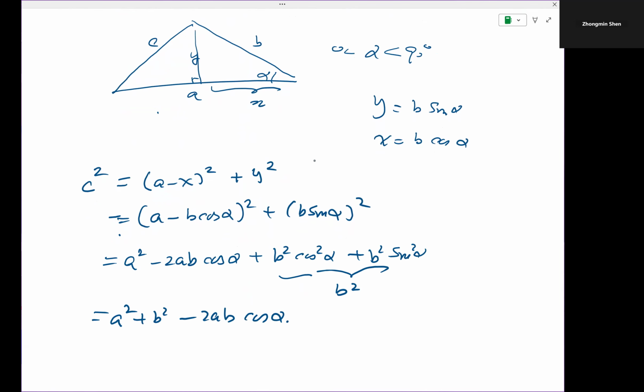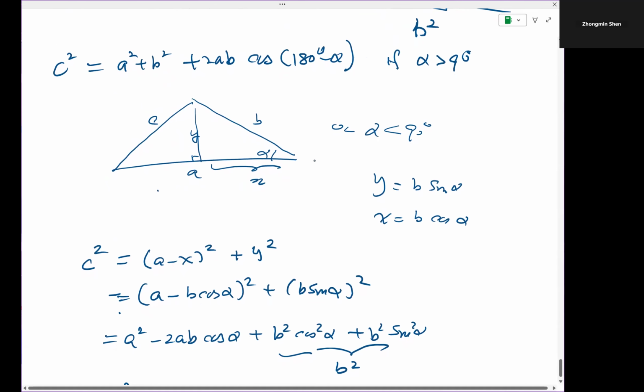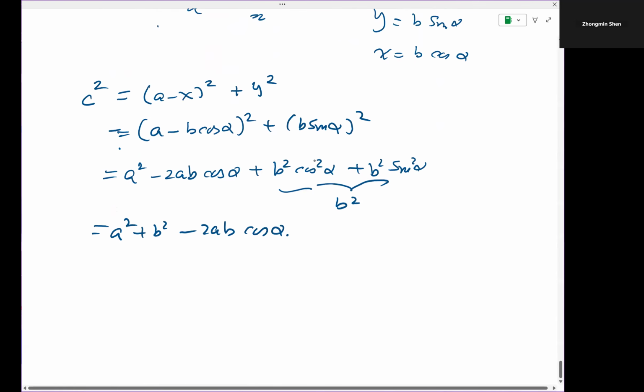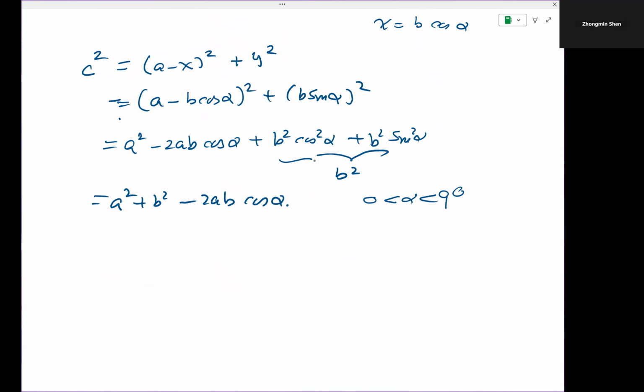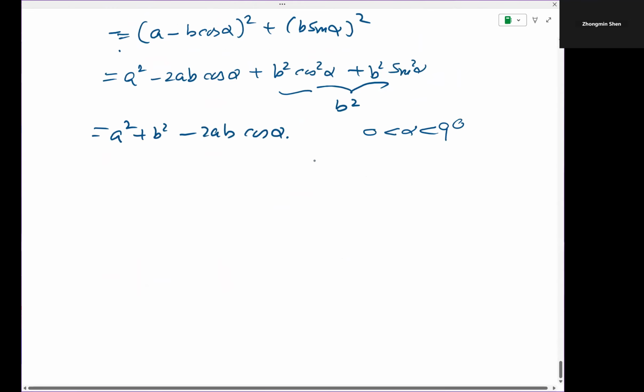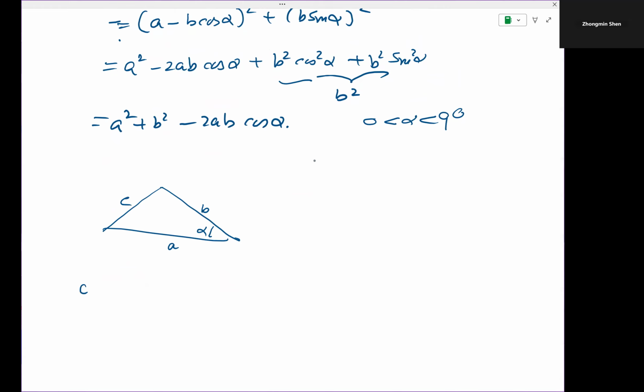So this looks similar, but much better. It depends on the angle. So that is the case when alpha is between these two. But let me summarize what we got here. If this angle is in this form, then c squared equals a squared plus b squared minus 2ab cosine alpha.